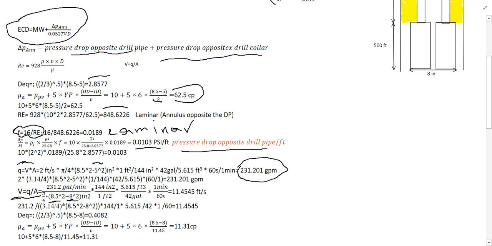We need to do all the conversions to have it in feet per second. Now we have the velocity, 11.45 feet per second.